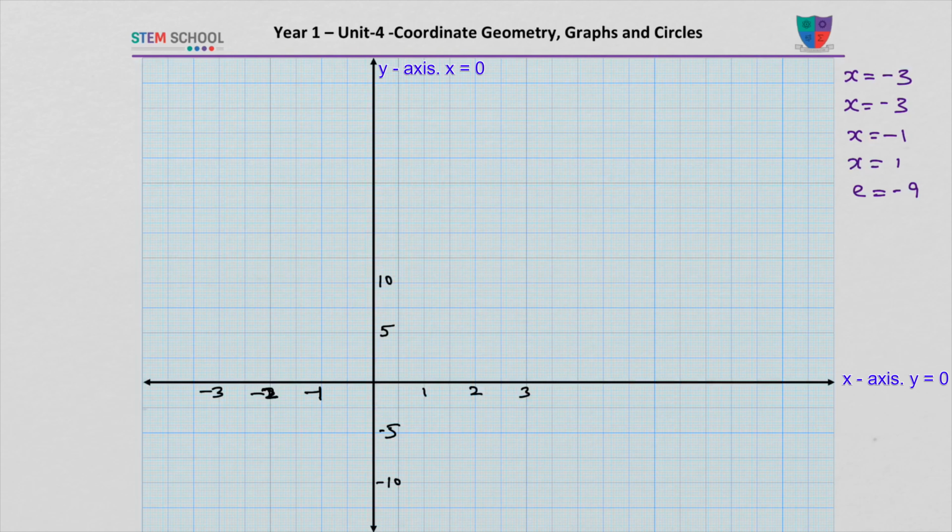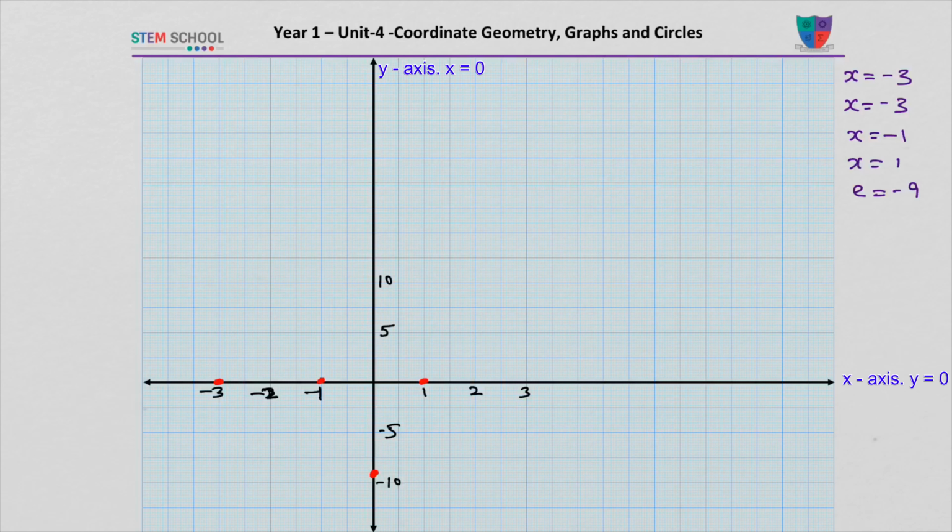Right, so these are the roots now and the intercept here. So the first intercept would be at minus 9. So minus 9 is here. It's going to cross that. Let's make it brighter. That's minus 9. And also, it's going to have a root here at minus 3, and it's going to have 1 at minus 1, and another one here.